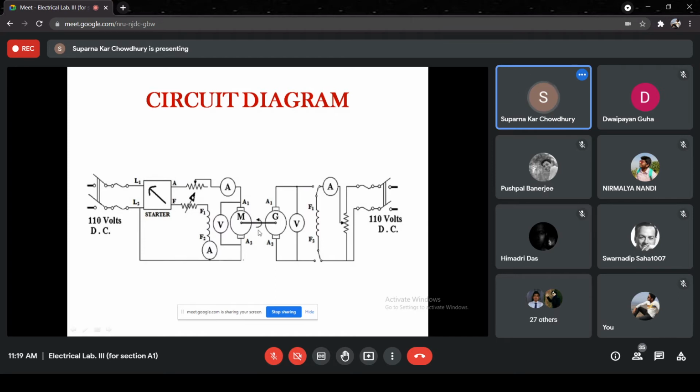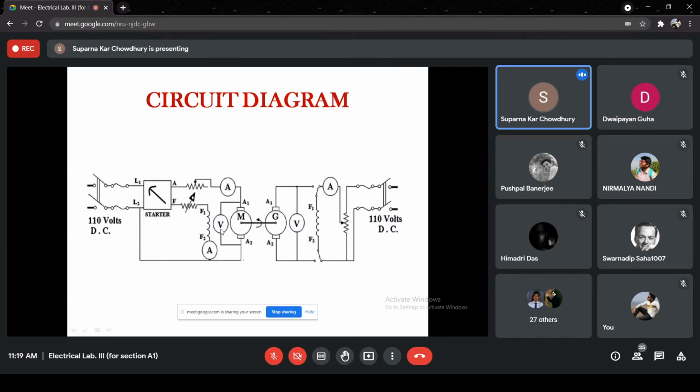Now, what happens? Just think that if we decouple the machine and run only the shunt motor, then this motor is running at no load. So what are the losses? The losses are supplied from the DC supply here.